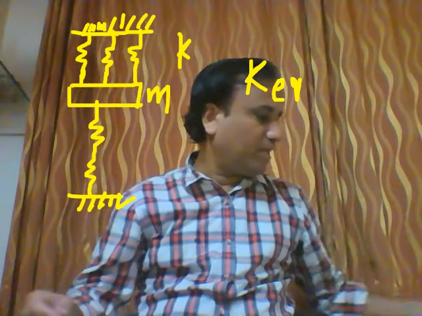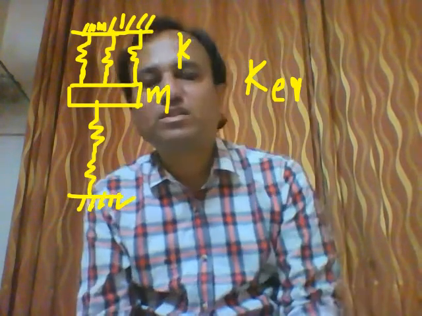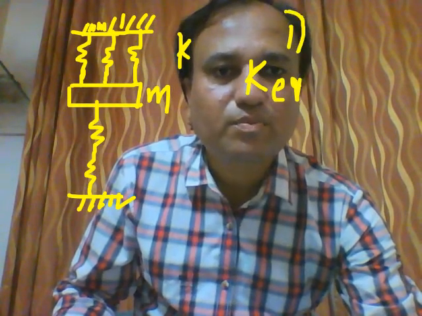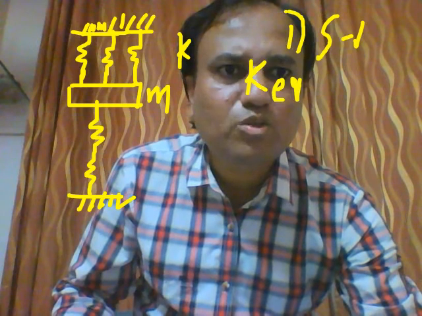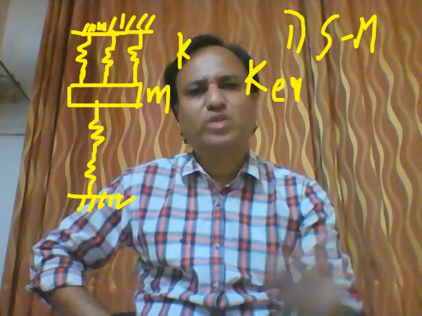So students, there are different types of problems. First, problems on spring-mass systems, where there may be a mass, a pulley, or more than one pulley.